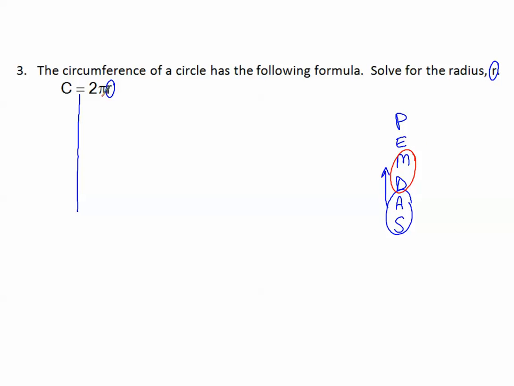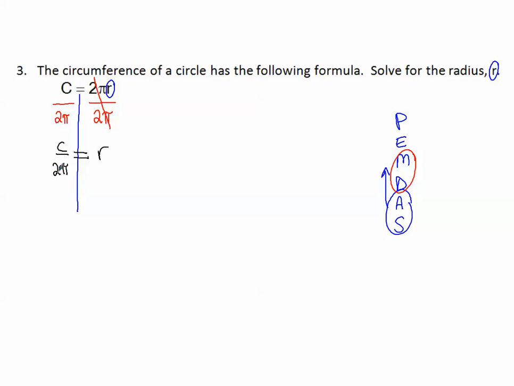The 2 pi is multiplied to the r because they're next to the r. So I'm going to divide by 2 pi. Divide by 2 pi. That crosses out the 2 pi, and I'm left with r all by itself on the right side equals c divided by 2 pi on the left side.